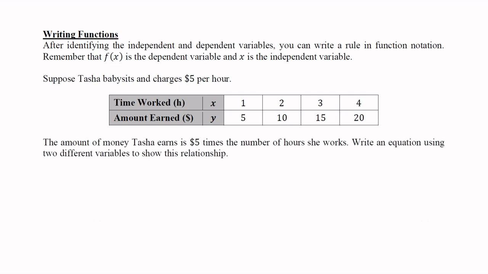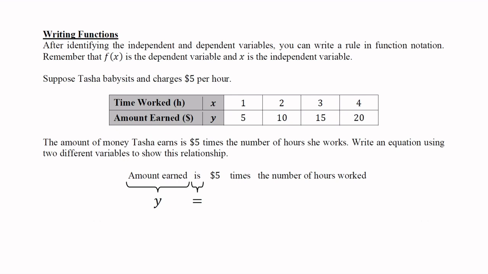The amount of money Tasha earns is $5 times the number of hours she works. We can write an equation using two different variables to show this relationship. The amount earned is $5 times the number of hours worked. So the amount earned is our y. You can see that in our table. That's our dependent variable.